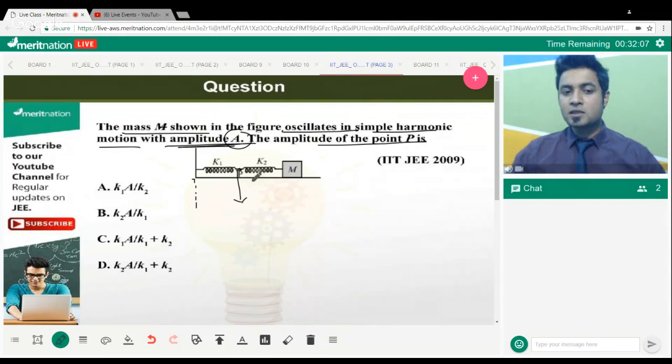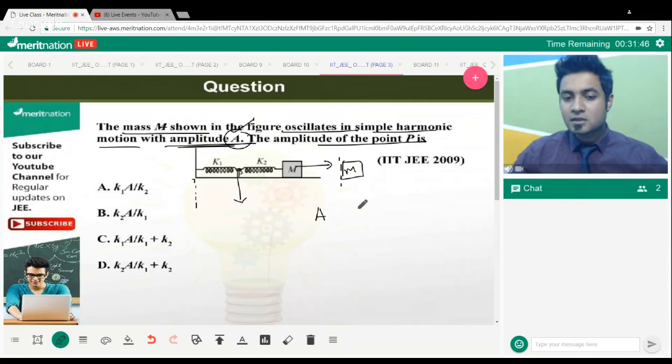See, one thing I just wanted to tell you, that in both these springs, once it is oscillating, suppose it is stretched by some amount, right? And they have told us the maximum amplitude. Suppose the mass has reached the maximum amplitude at this point. So you can say the total amplitude is nothing but some stretch in this spring, x1, and some stretch in this spring, x2.